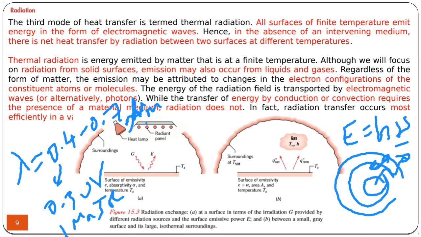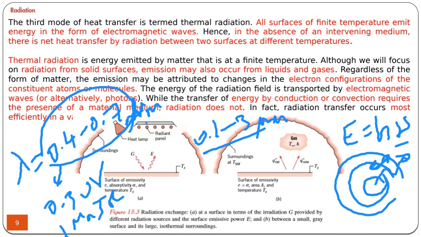And actually, the thermal radiation is between 0.1 and 3 micrometers. So inside the thermal radiation band, only this part is the visible light, and the other part of the band cannot be seen by the human eye at least.